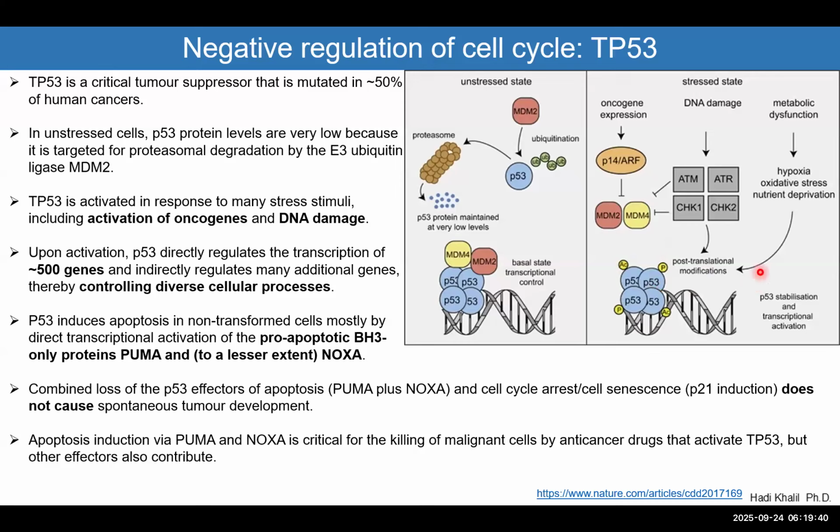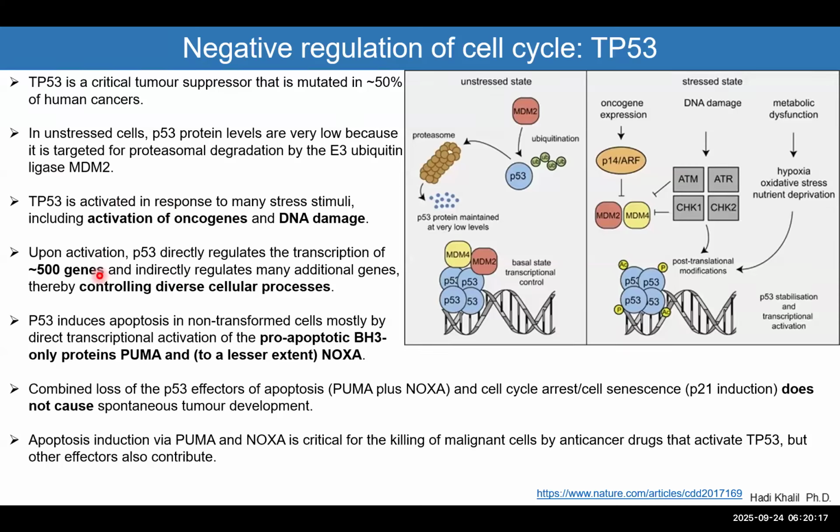And this will modify the stability of p53 so that it can bind more stably to the DNA, and therefore induce those genes downstream of p53 more and more. I described the p21 function in the previous slide, and there are many other proteins downstream of p53. You can easily tell that there are more than 500 genes downstream of p53.